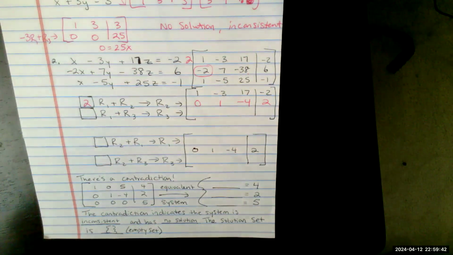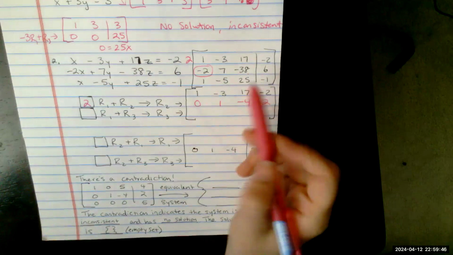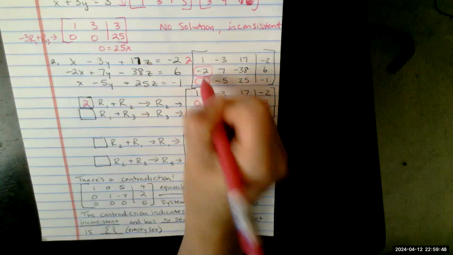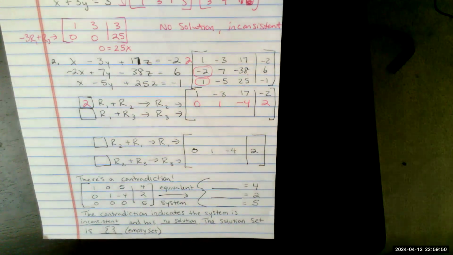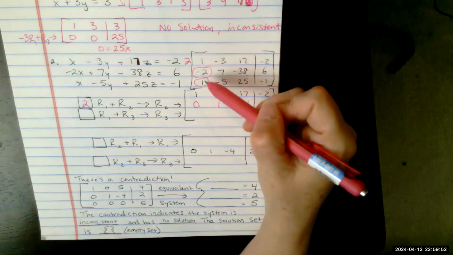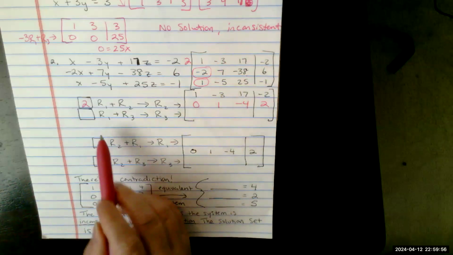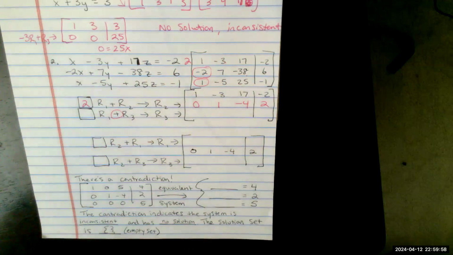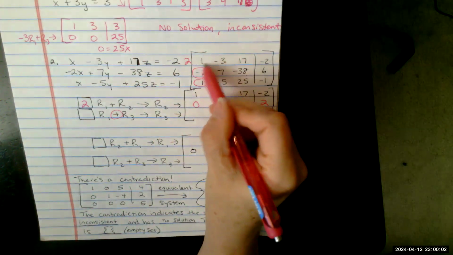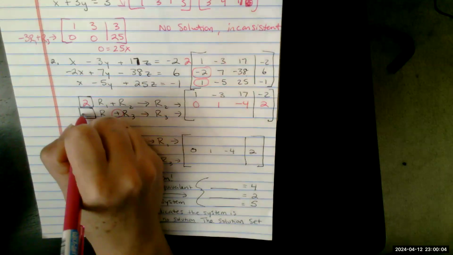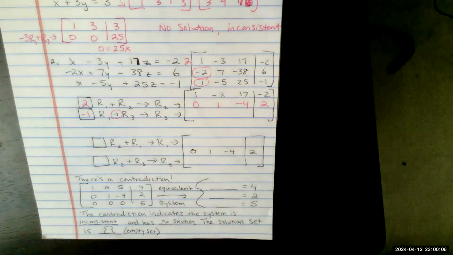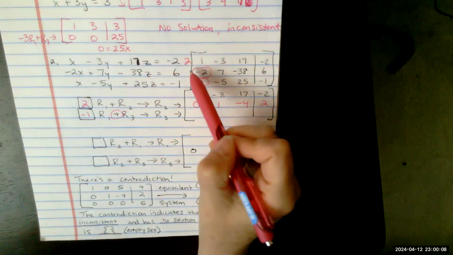And then for R3, so they're doing these both at the same time, they're trying to get this to be a 0 as well. So really, we could just subtract line 1 and line 3. But since they've already put that they want to add R1 and R3, then okay, let me just make this negative. So negative 1 is what I would choose to multiply R1 by.